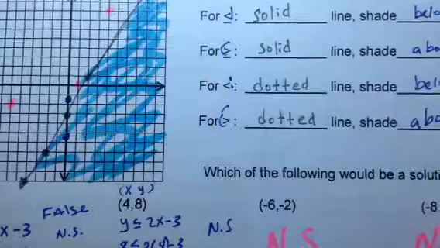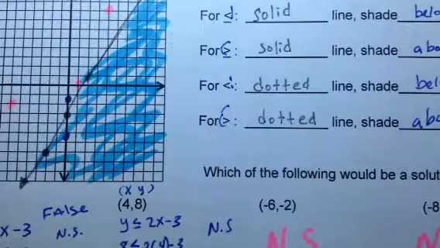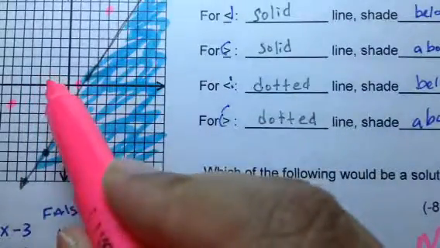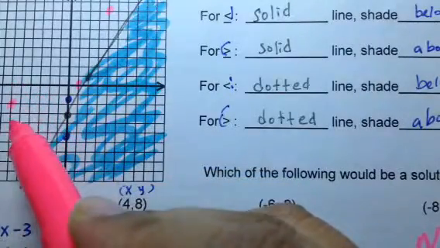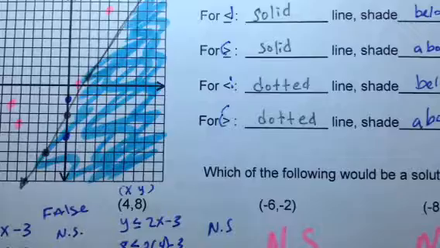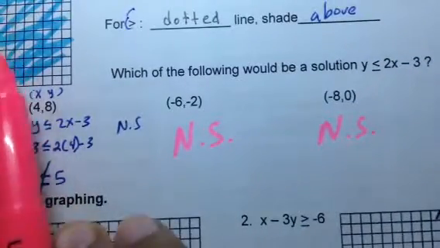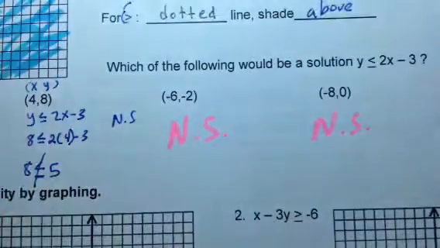That's not a solution. And -5, 4. That's not in there, so none of these are a solution. In order for it to be a solution, again, it has to be in the blue area.